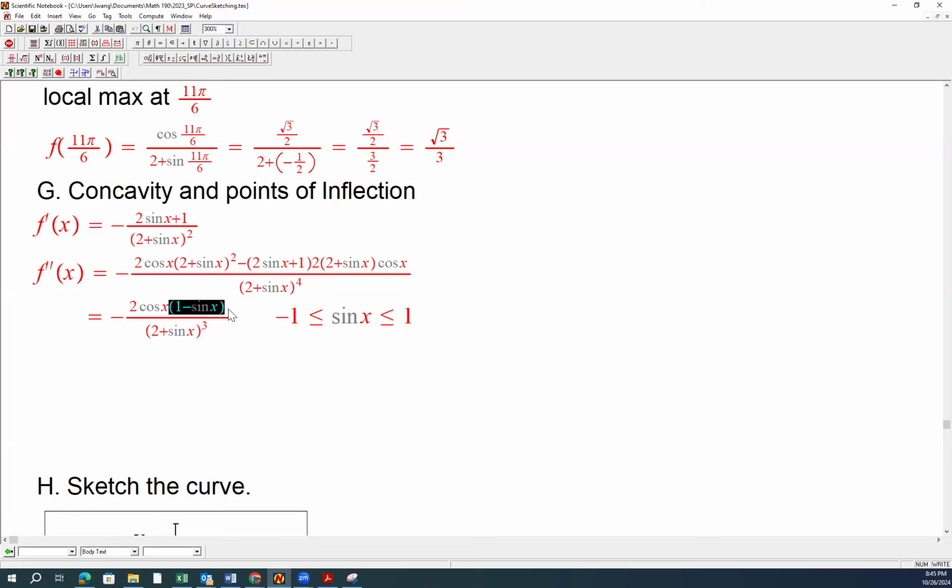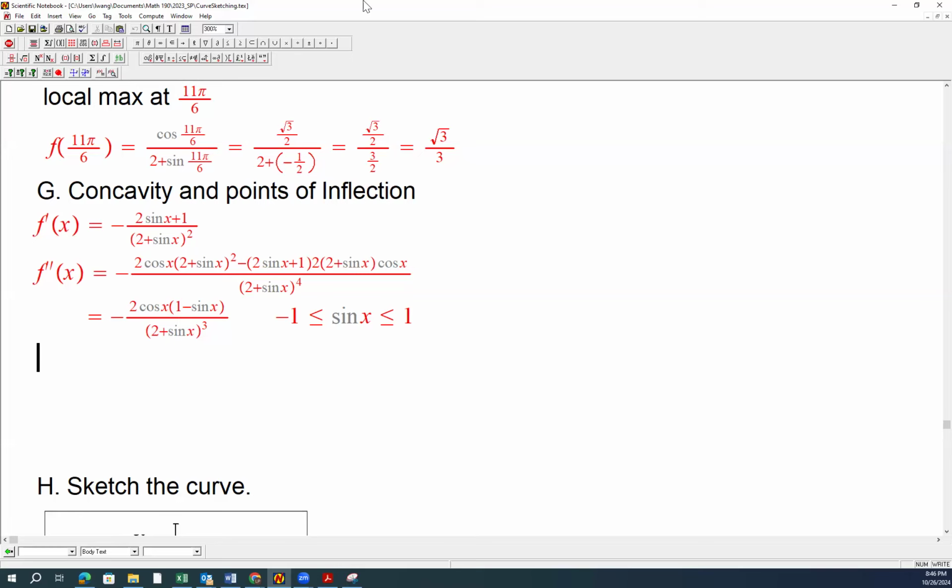So the denominator is positive, so our sign is determined by cosine and then by the negative sign. When cosine is negative, there's another negative, so the second order derivative will be positive. So one case cosine is negative, one case cosine is positive.